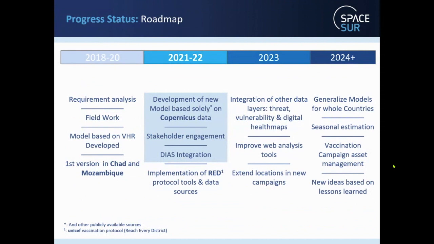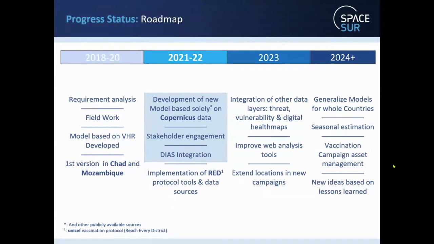We have our roadmap, and this year, well, the end of this year and the next year, we are modeling the solution into the Copernicus data, and with the DIAS integration, we think that we get the scalability that we are looking for to take the solution to different customers.